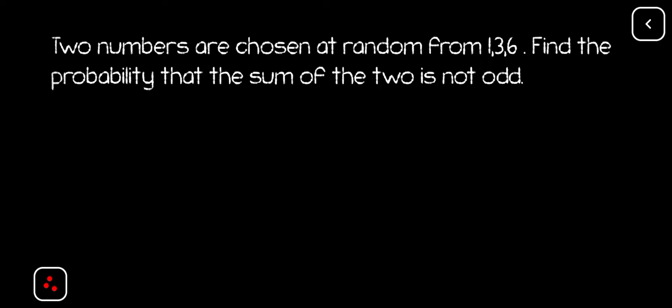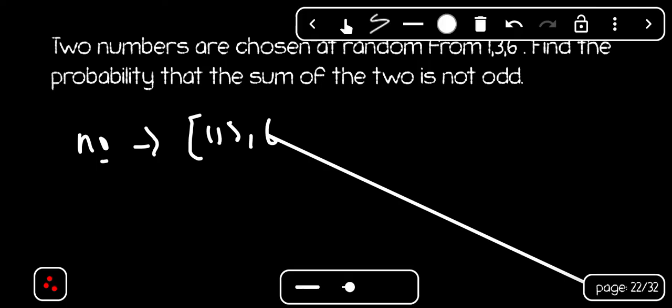All right, so the question shows that there are two numbers chosen from 1, 3, and 6. So the numbers here are just 1, 3, and 6.